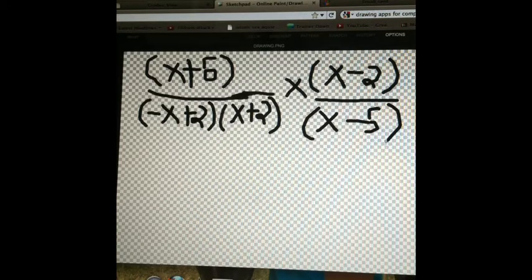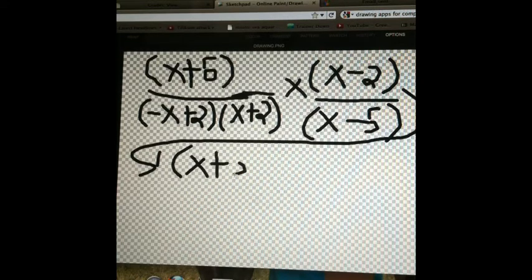Okay, so the next part is to then simplify all of this. So this is going to equal x, let me rewrite that 5.